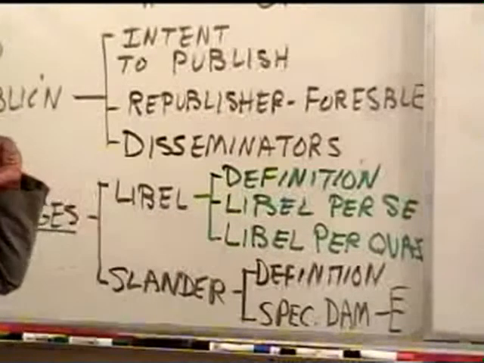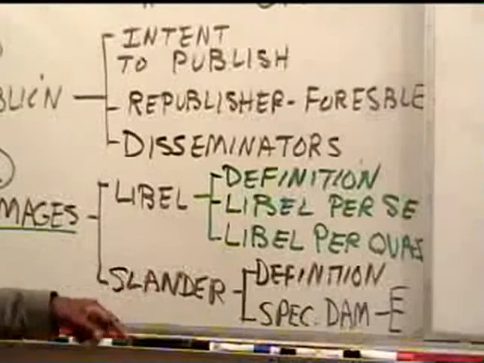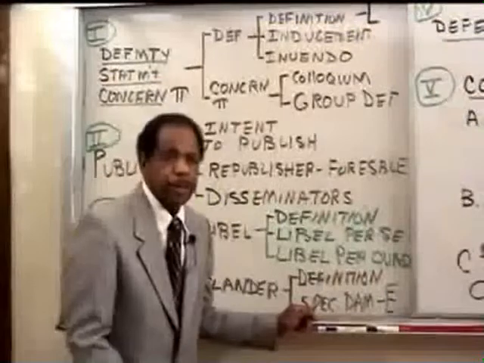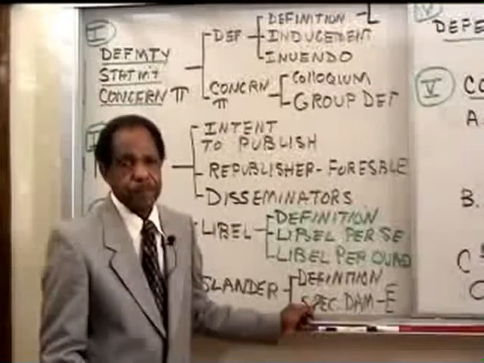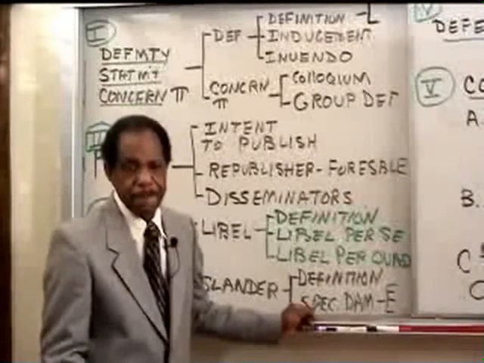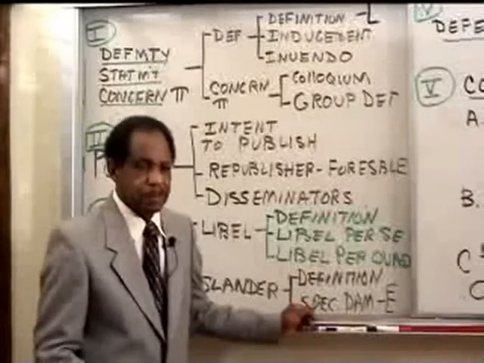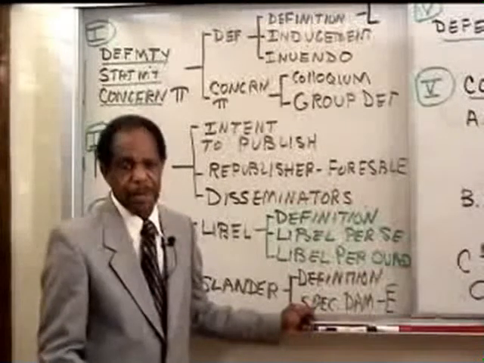Whereas, in the case of slander, the rule is that you can recover for slander only if you can prove pecuniary loss. Proving loss of reputation by itself will not work. You get thrown out of court.